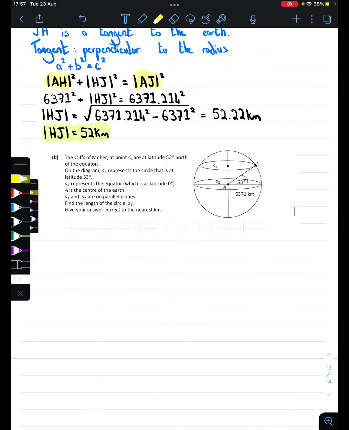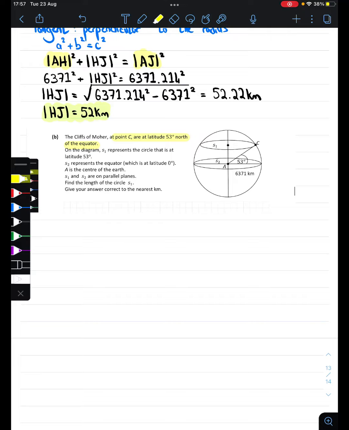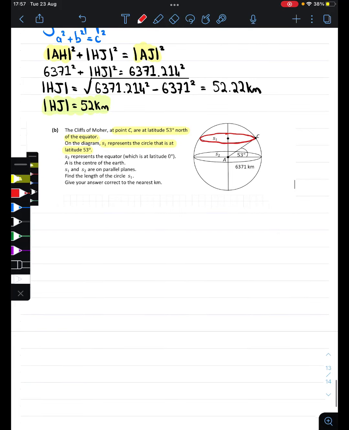The cliffs of Moher at C are of latitude 53 degrees north of the equator, which we can see in the diagram. And on the diagram, S1 represents the circle that is at latitude 53 degrees. So this circle here. S2 represents the equator, the line around the middle.